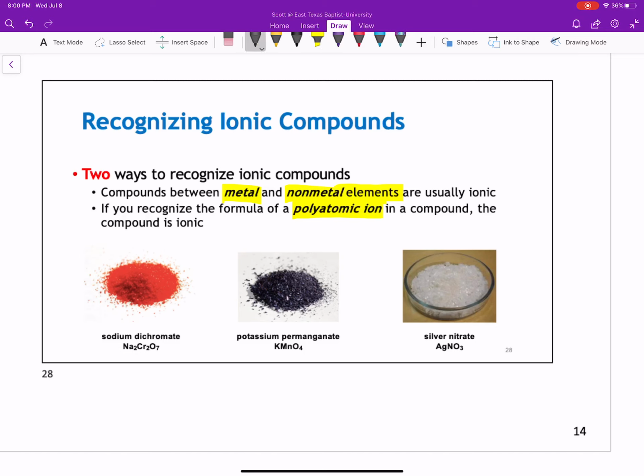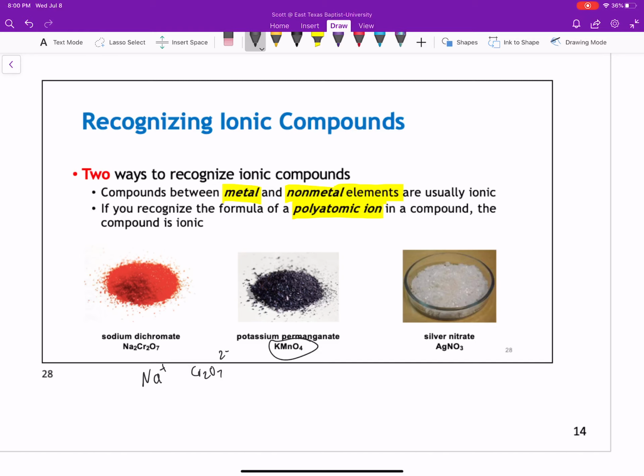And so if you see sodium dichromate right here, it's a nice orange crystalline powder. Na2Cr2O7, it came from Na+ and Cr2O7 2-. That's an ionic compound because it's a metal and a polyatomic ion.